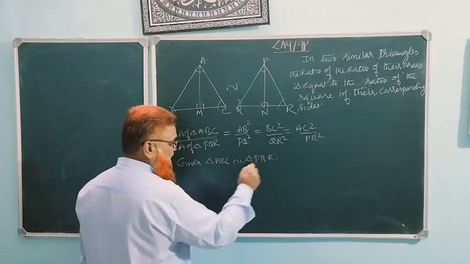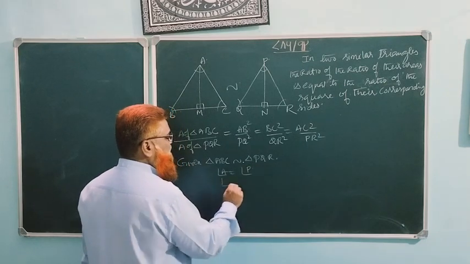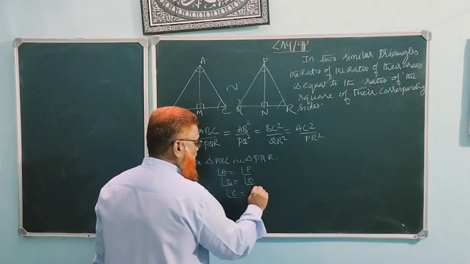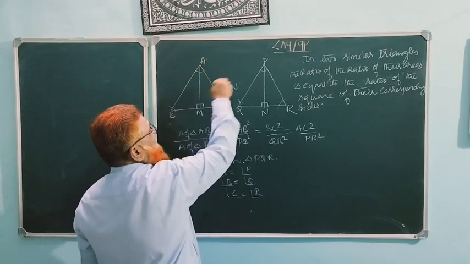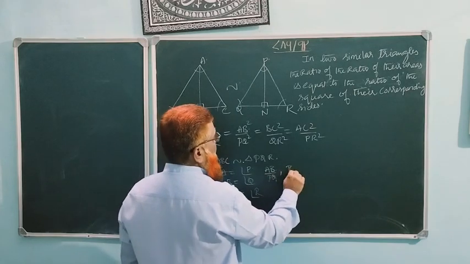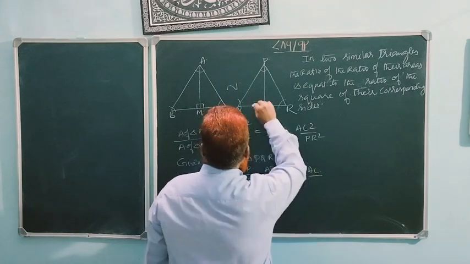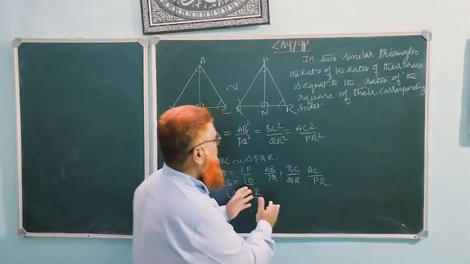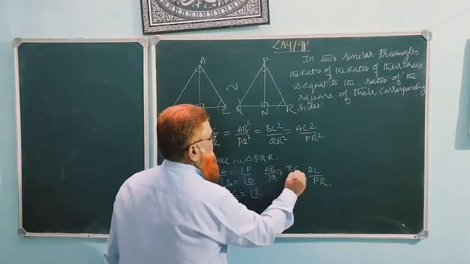If they are similar, according to the definition, angle A is equal to angle P, angle B is equal to angle Q, and angle C is equal to angle R. Also, the ratios of corresponding sides AB by PQ, BC by QR and AC by PR will be equal ratios.